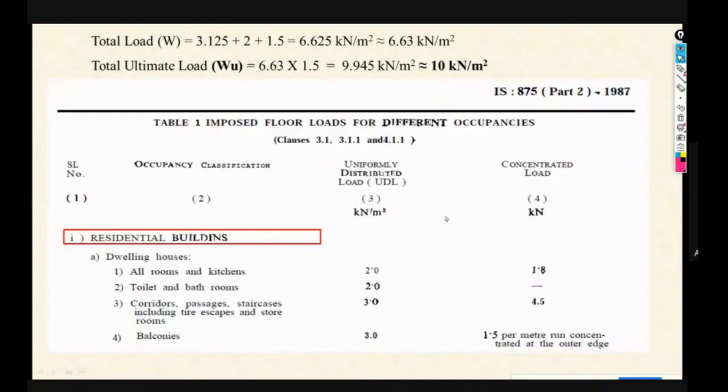This is just an example of how to consider the live load or imposed load for a residential building. For hall room and kitchen 2, toilet and bath 2, corridors, passages, staircases including the storeroom 3, balconies 3, like that.